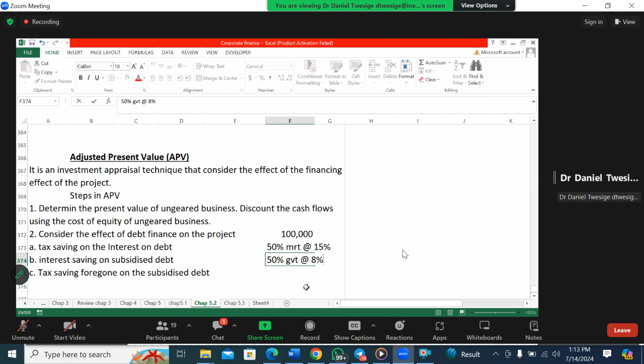So it means in this case, if I'm financing this, part of my interest, I'm going to calculate it at 15%. But by taking this, I'm foregoing a tax saving of 7%. So I recognize that as my opportunity cost.